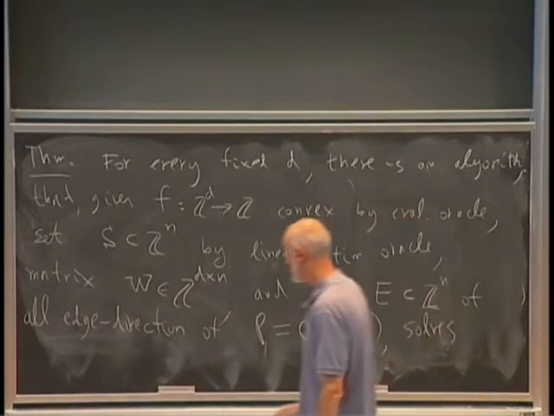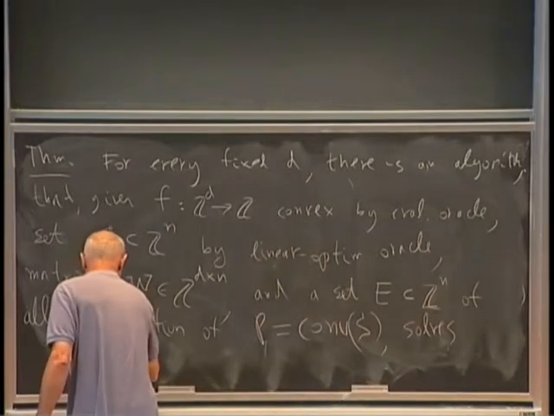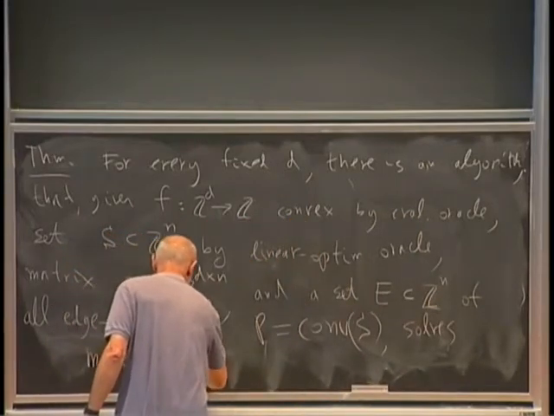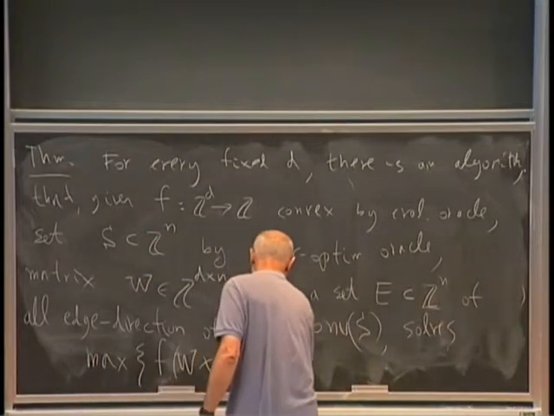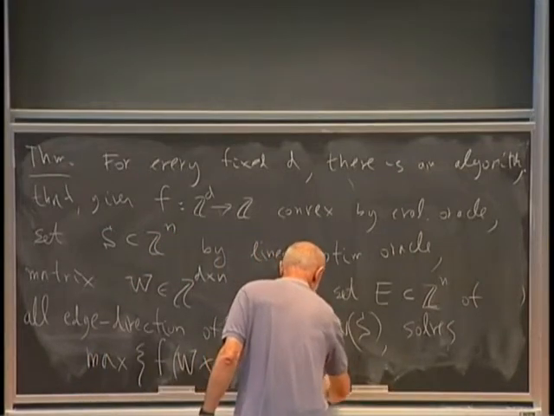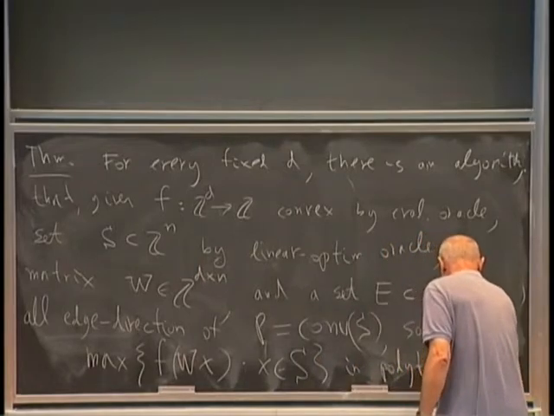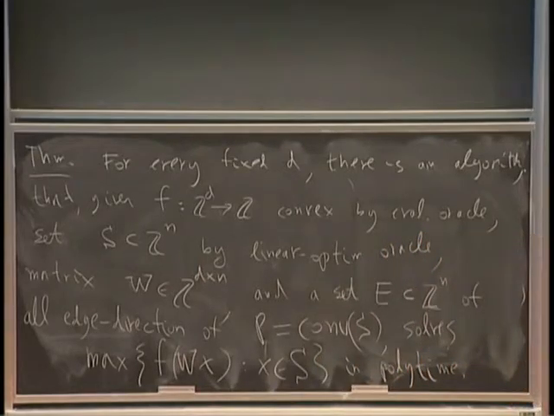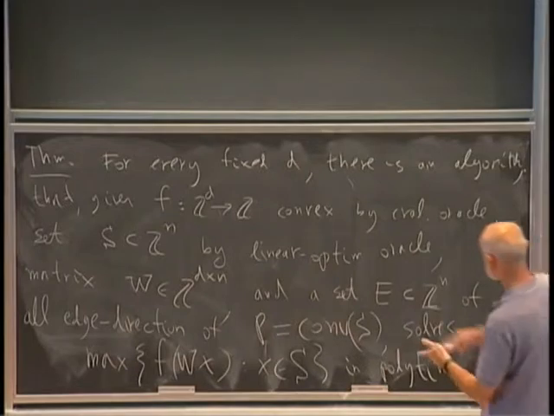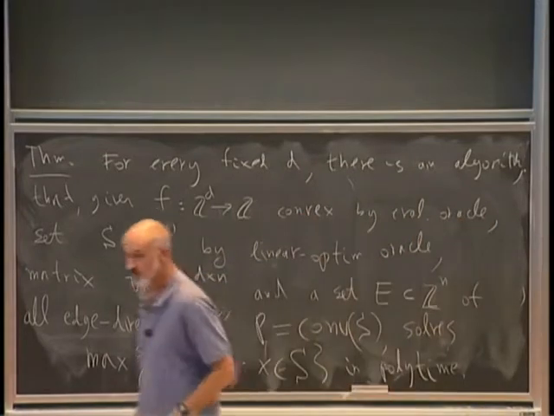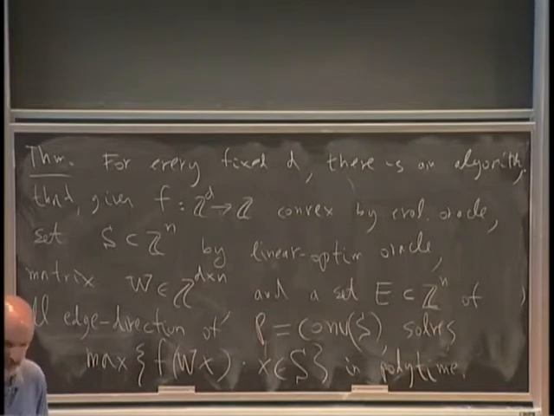Solves the maximization problem in polynomial time. And again, I'm not going to tell exactly what the polynomial time is, roughly in the size of this set and in the binary encoding of this, in the natural input size.